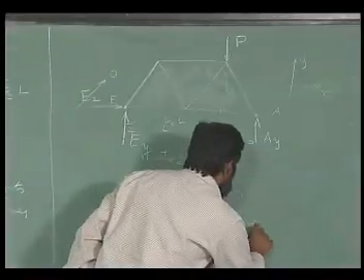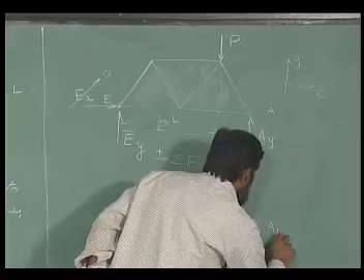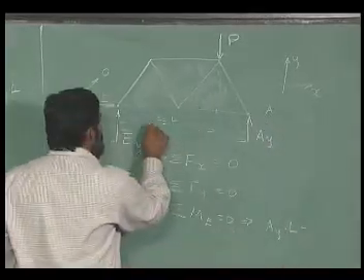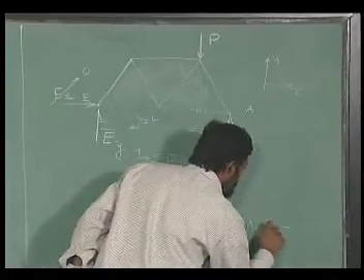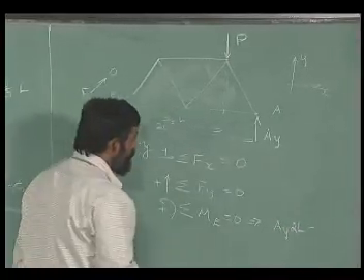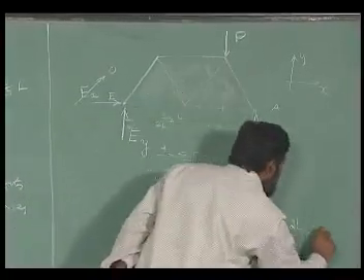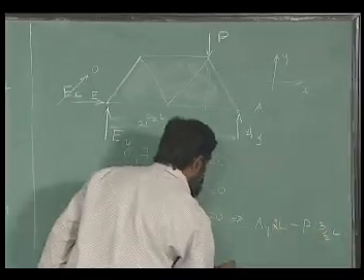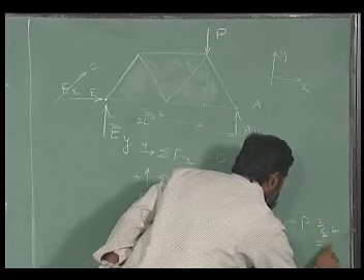So this implies AY times, I am sorry, this is 2L, AY times 2L minus P times 3 by 2L, okay, and this is equal to 0.